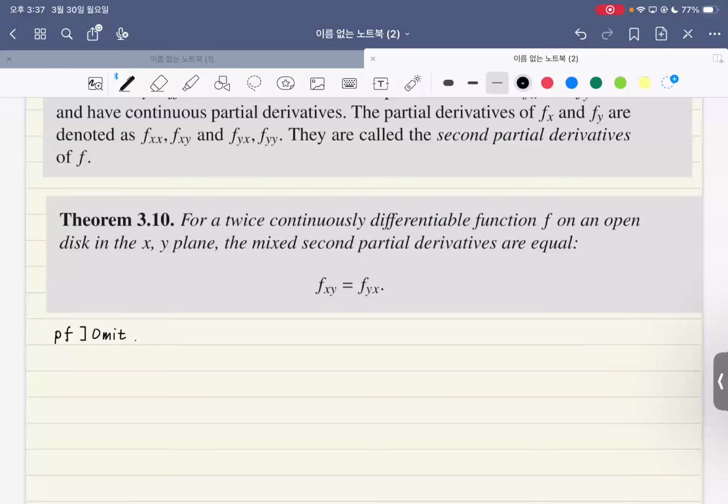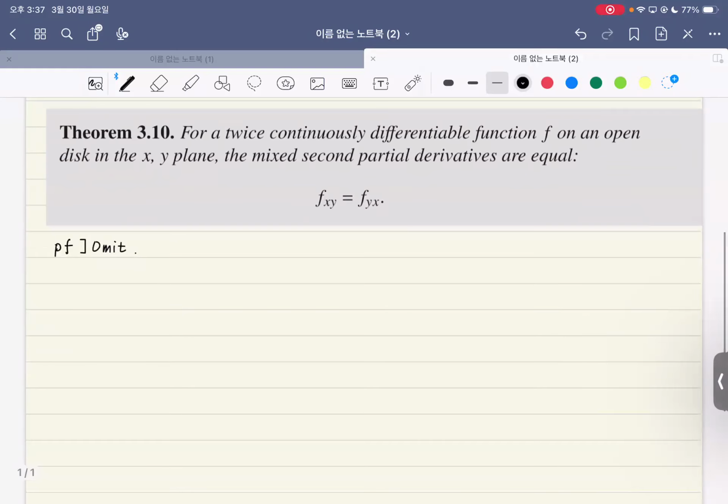Today we're on Section 3.4, which is about the inverse function theorems.